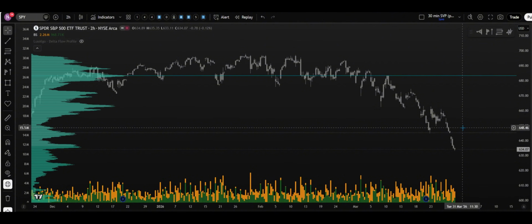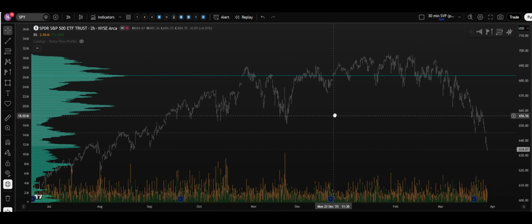So what I am going to do is first go over what I'm looking for in a trend in terms of volume profile, and I want to start with the typical state that the market's in, so a bull market.